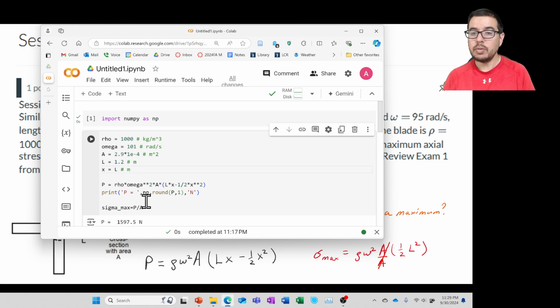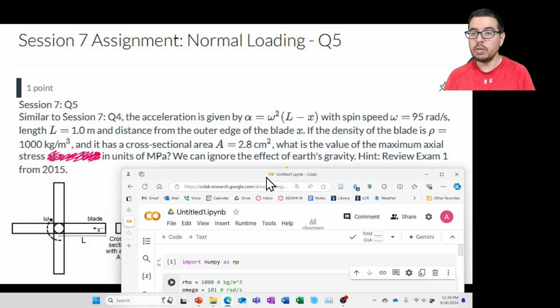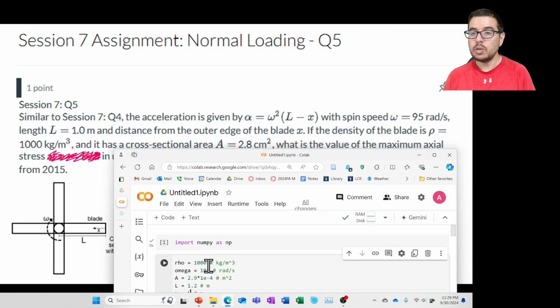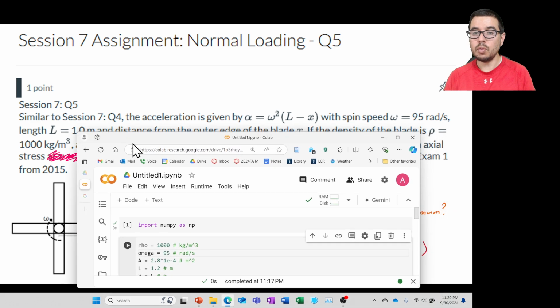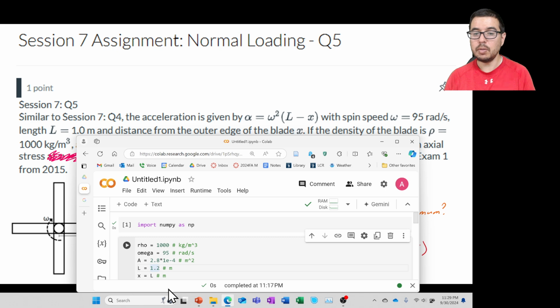And we're dividing by this area, A, that's fine, but I don't know what my values might be in this problem. They could have changed. So let's see, area is 2.8, so let's change that. Omega is now 95. Density stayed at 1,000. The length is 1.0, so I'll change that as well.